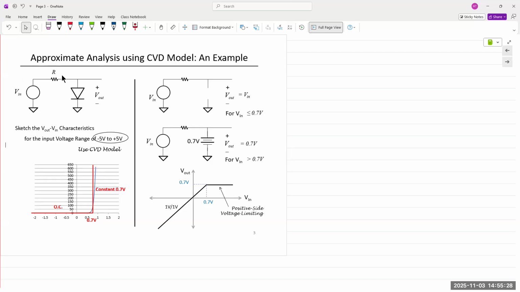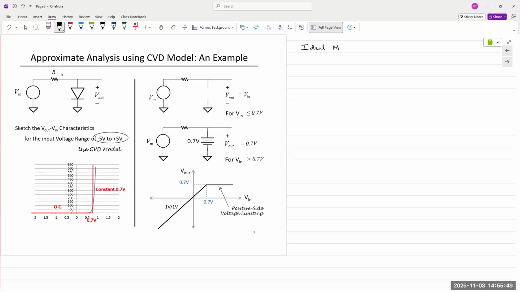Output is taken across the diode itself, and we are modeling the diode as either on or off. Now the steps remain the same for both models. I'm going to write it for the ideal diode model, but it remains the same for the CVD model also, right? It doesn't change.